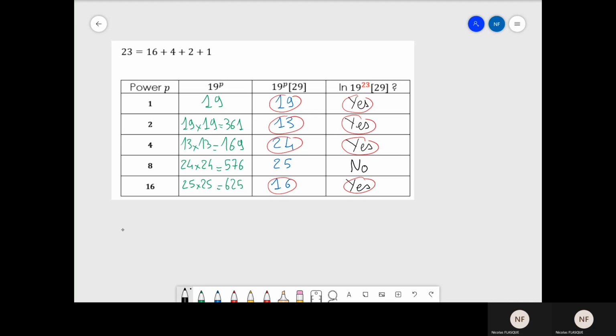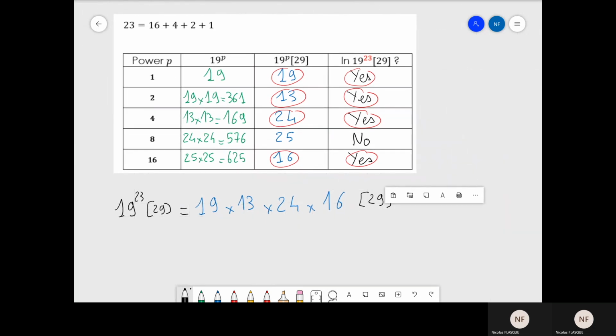So actually, 19 to the power of 23 modulo 29 is equal to 19 times 13 times 24 times 16 modulo 29. This gives a quite reasonable number, but we can even be more efficient if needed, because all of these operations we can do and apply modulo 29.